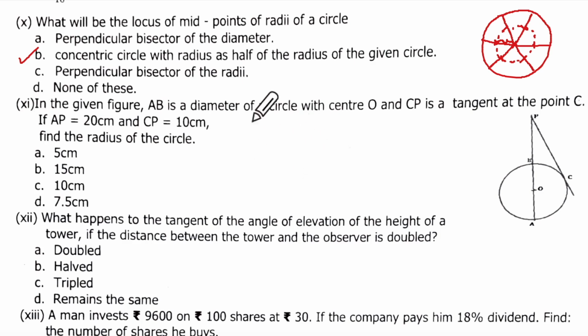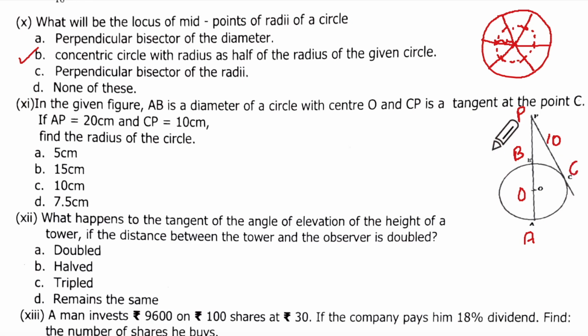Now we come to the 11th one. This is A. Is this P? I found it difficult to read this. That's O. Okay, now they say AB is the diameter, tangent here, AP is 20 and CP is 10.